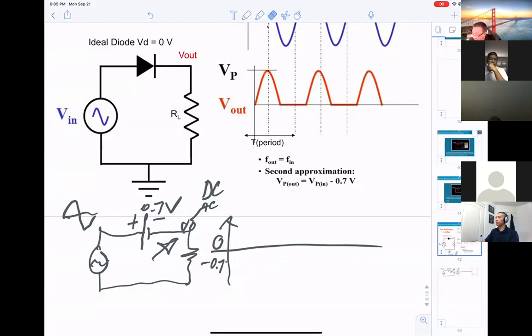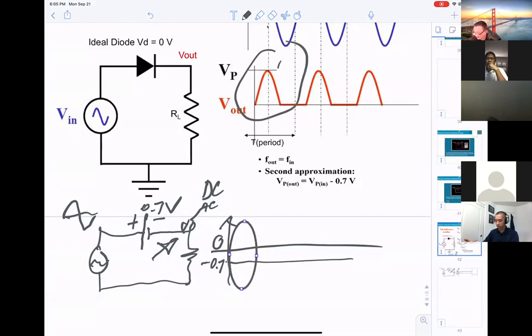So now, this is minus 0.7. So you get the sine wave, this part right here, and it will be going this way. And this will be a 0 here, and you get another one.